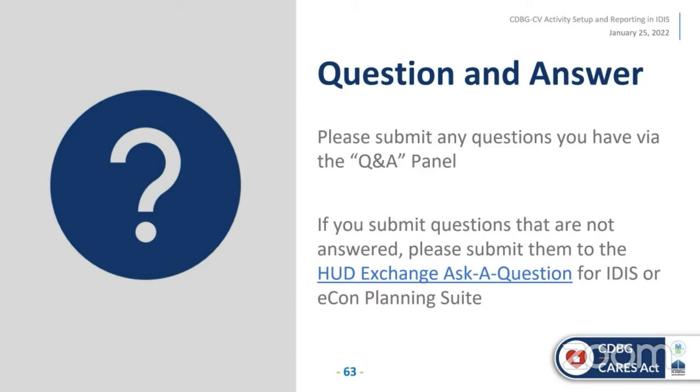One question was, how often should accomplishments be entered into IDIS? HUD would really like it if grantees would enter accomplishments quarterly, but we know that's not always possible. At a minimum, you must enter accomplishments once a year.